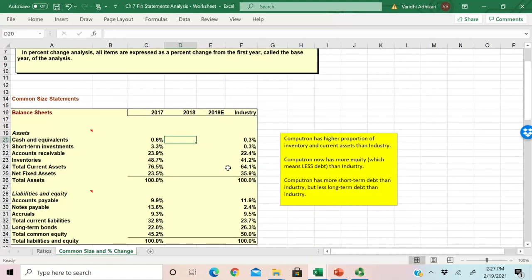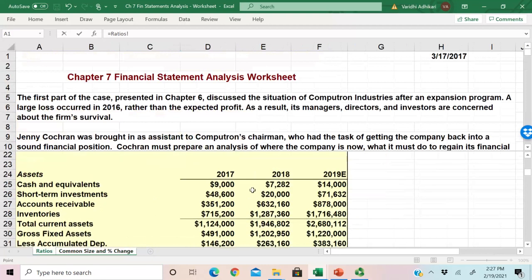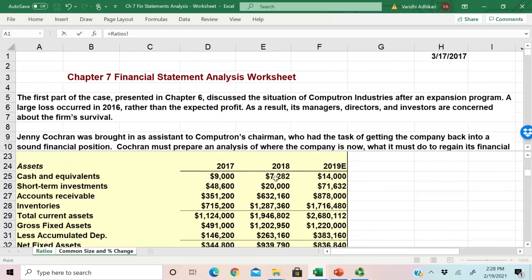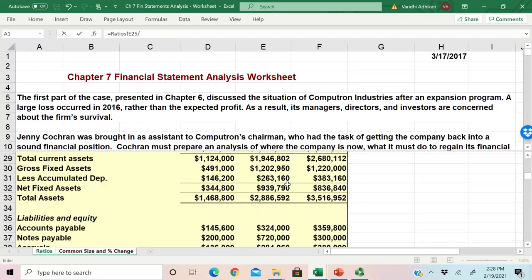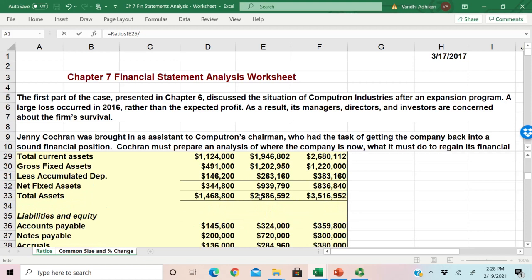So I'm going to type equals, then go back to the balance sheet and divide total cash and cash equivalent by total assets of the company, which is this.